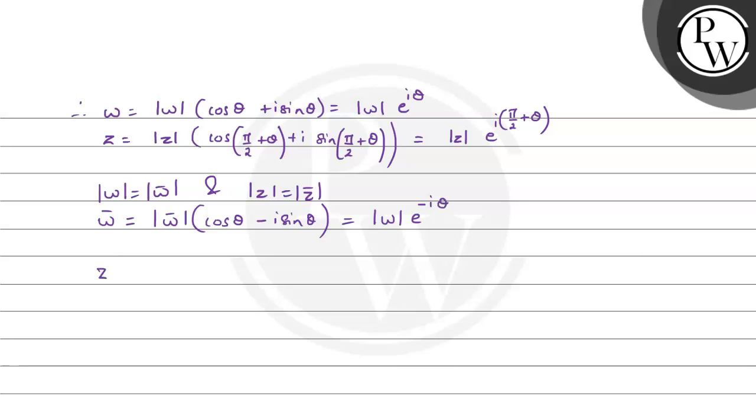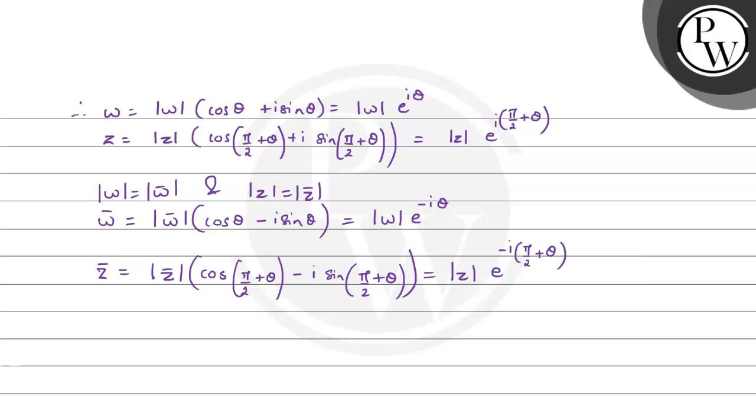Further we have z conjugate equal to modulus of z conjugate times cos of pi by 2 plus theta minus I times sin of pi by 2 plus theta, which is equal to modulus of z times e raised to minus I times pi by 2 plus theta.